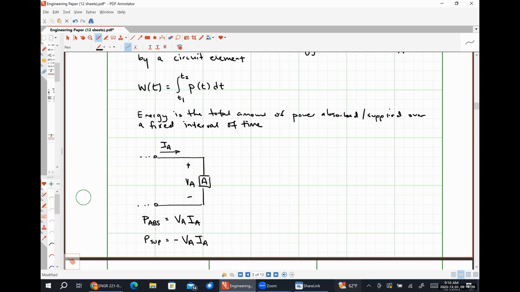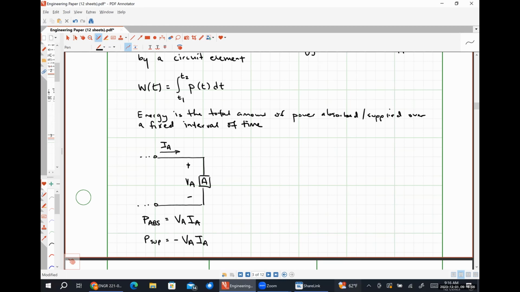If our current is flowing into the positive polarity terminal, I times V is the absorbed power, and negative I times V is the supplied power. Now, I did not put any restriction whatsoever on the sign of our current IA or our voltage VA. So if IA were positive 2 amps and VA were negative 3 volts, this thing would be absorbing negative 6 watts of power or supplying positive 6 watts.